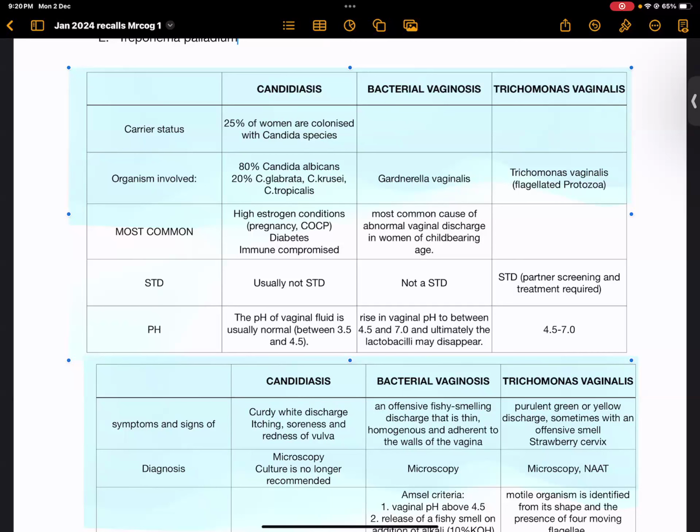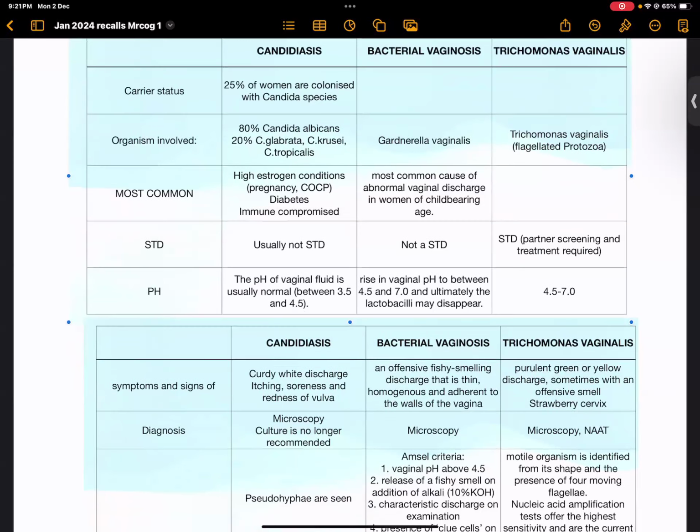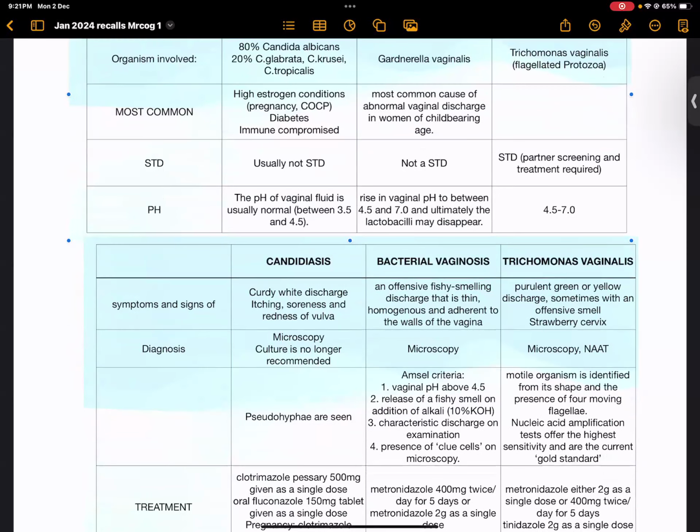In BV and TV, both raise the vaginal pH because they suppress the lactobacilli that secrete the acid, so the pH is above 4.5 in these two conditions. For symptoms and signs, Candida has curdy white discharge, itching, soreness, and redness of the vulva.